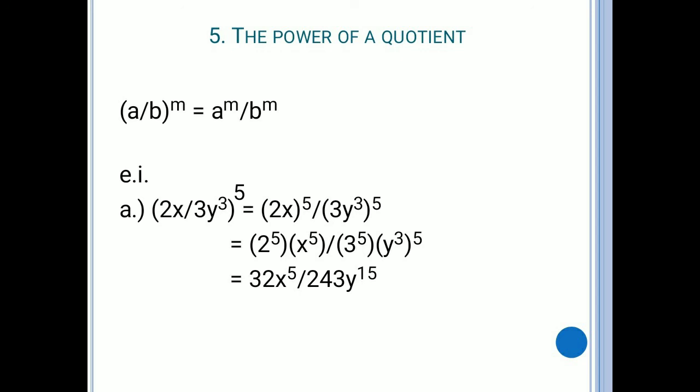All over, so yung denominator, 3 raised to 5 is equal to 243. So, yung y to the 3rd power, pag ni-raise mo siya sa 5, pag multiply mo yung 3 and 5, so the answer is 15. So, y raised to 15.